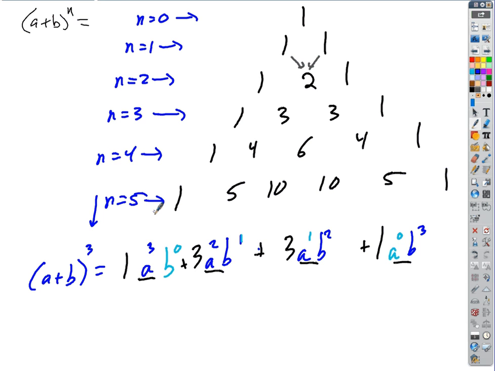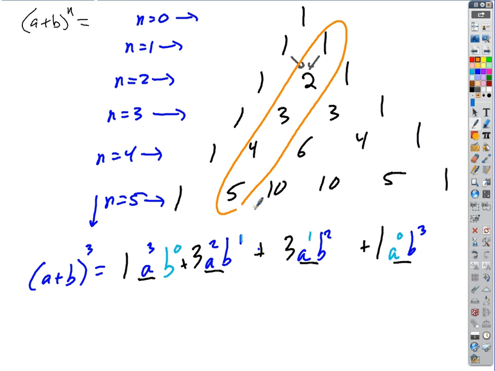Look at your second coefficient. How about that? The second coefficient is always equal to n, isn't it? Everybody get that? And then the third one's a little more mysterious, and some years we take time and try to figure it out, but we won't even mess with it.